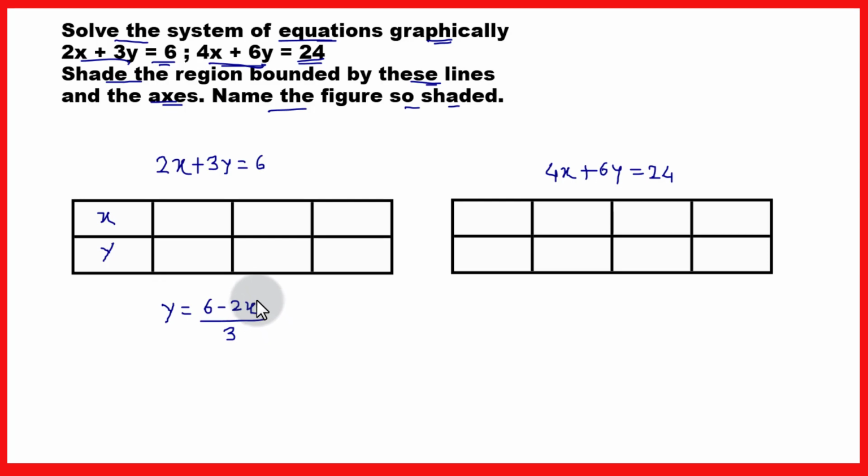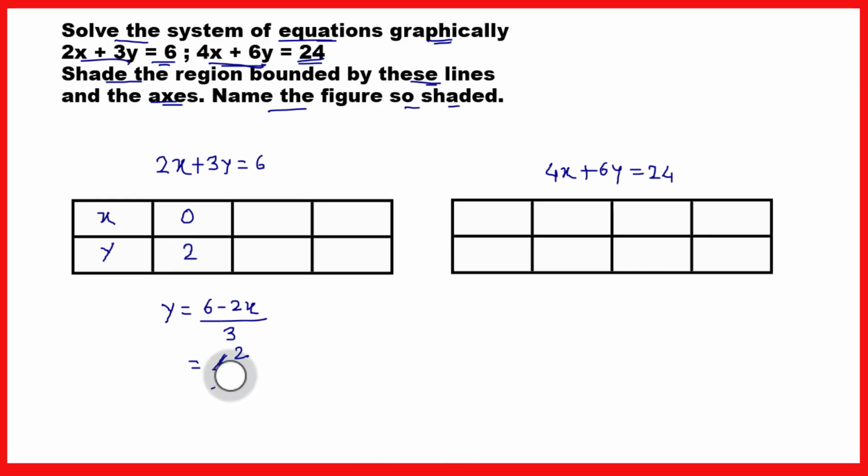So suppose I take the value of x as 0, and if we put it here as 0, so 2 into 0 will be 0 and 6 minus 0 will be 6. So that will be 6 upon 3, and 3 twos are 6, and therefore the coordinate y will be 2.